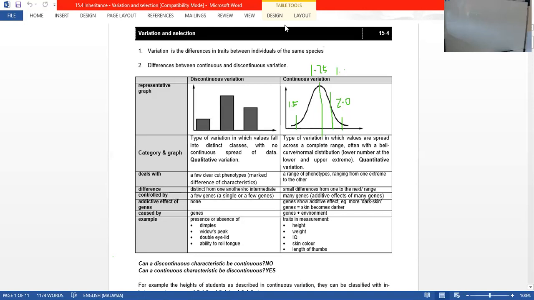So you will always find a value in between two varieties. You can always do that.